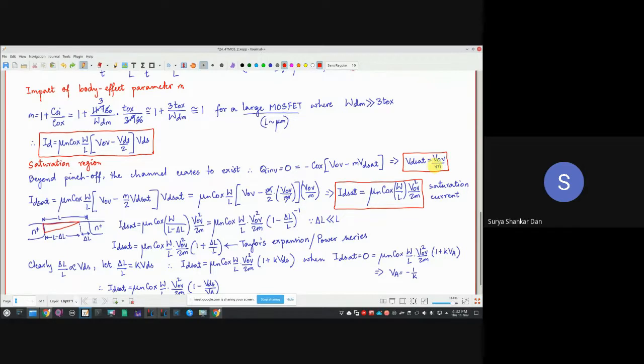Again, whenever you say VDSAT is equal to VOV, that is the microelectronics perspective. Henceforth, many of you answered that when we are increasing the VDS, VDS becomes equal to VOV. No, it is becoming equal to VOV by small m. Small m is going to be an important factor in 45 nanometer technology or even lower.